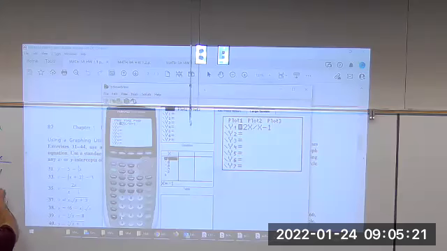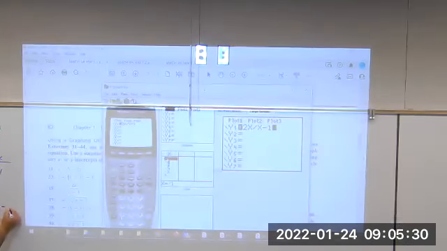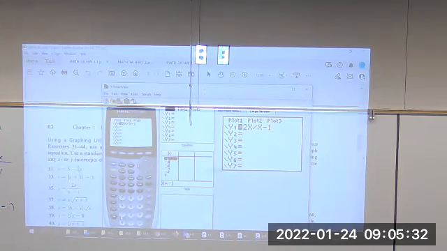If I wanted to divide by all of x minus 1, then when I type it in, I have to put 2x divided by, in parentheses, x minus 1. That way it stays as an entire grouping of numbers.